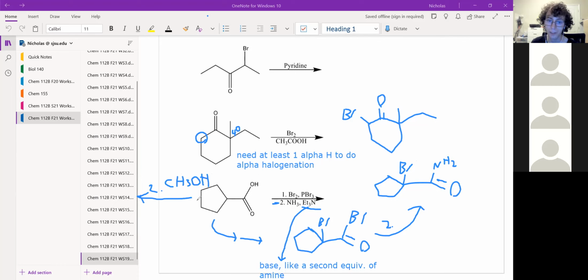What would the product be if we put methanol there? What kind of functional group would we make if we're adding an alcohol? An ester. Yeah. So in general, maybe he could throw stuff like this at you. So don't forget about the old reactions. They could come up here.